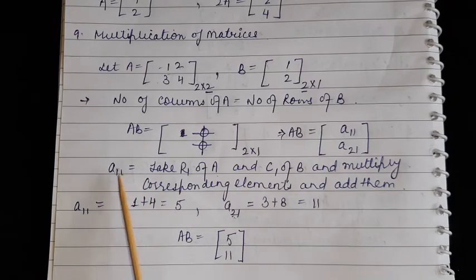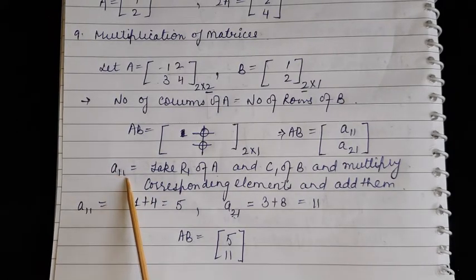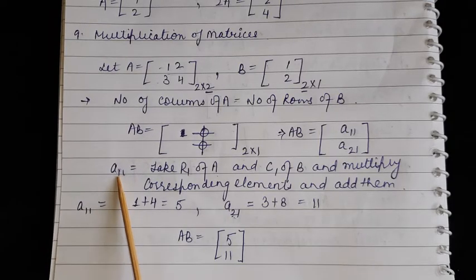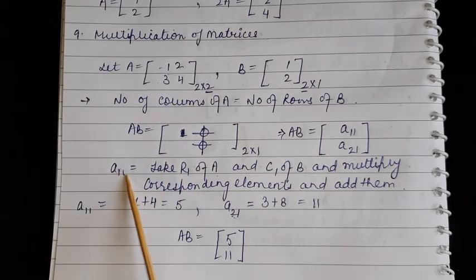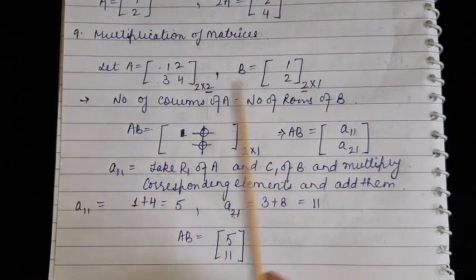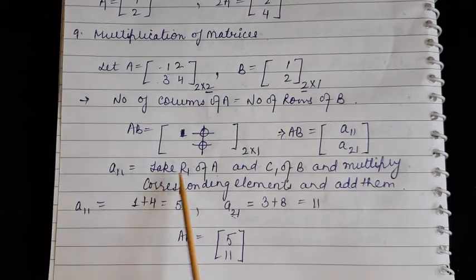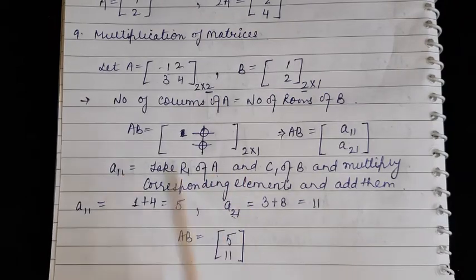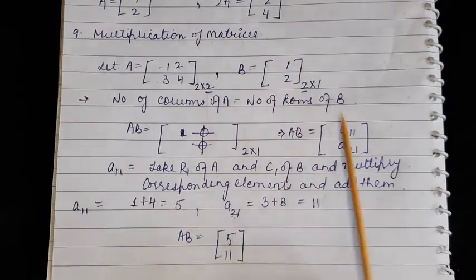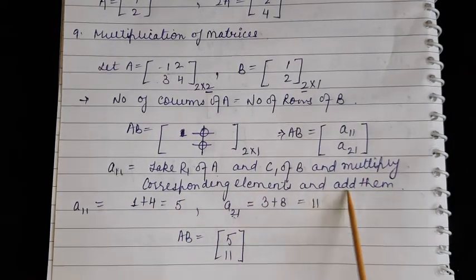The logic is that, as you can see here, the first number is 1 and the second one is also 1. The first number represents the row we have to take from our first matrix, and the second represents the column we have to take from our second matrix. So we take R1 of A and C1 of B, multiply corresponding elements and add them.